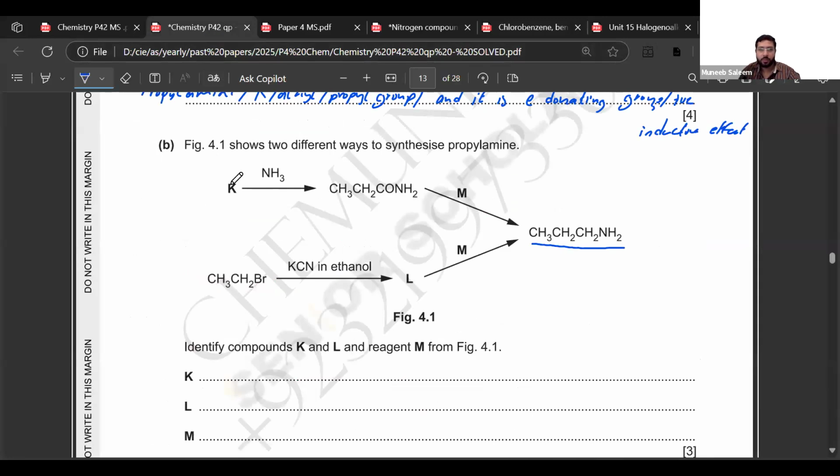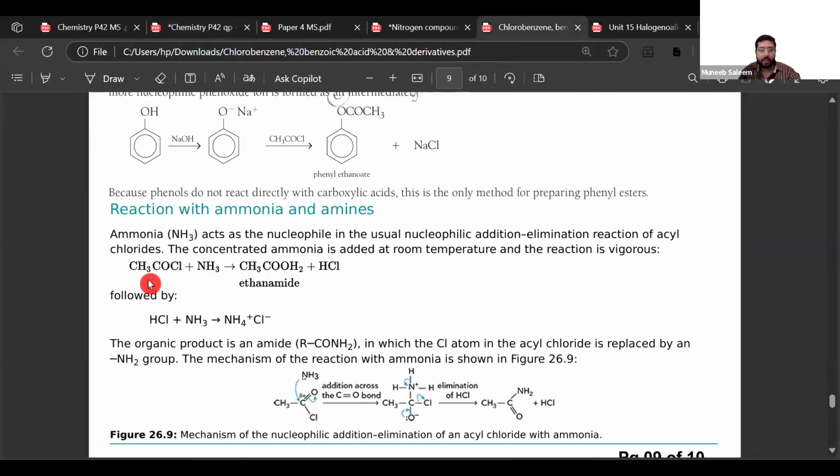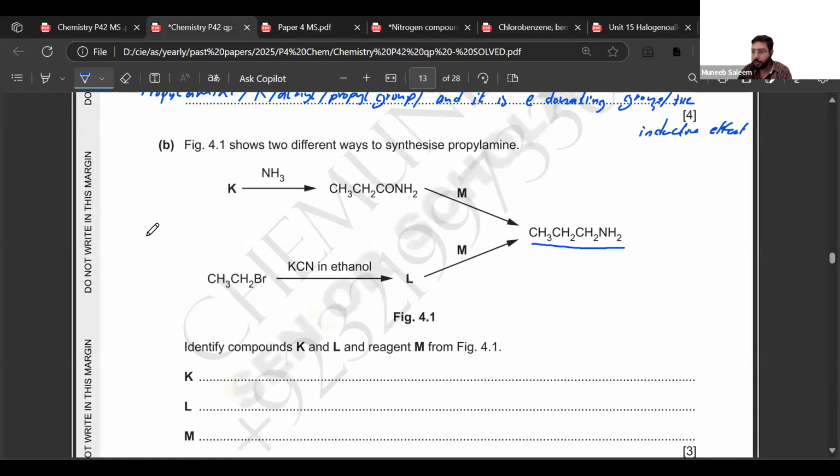So instead of the ethyl chloride, we will write the propyl chloride in our question. So propyl chloride, CH3, CH2, and then COCl. So this is propanoyl chloride. So propanoyl chloride with ammonia to make this propanamide.